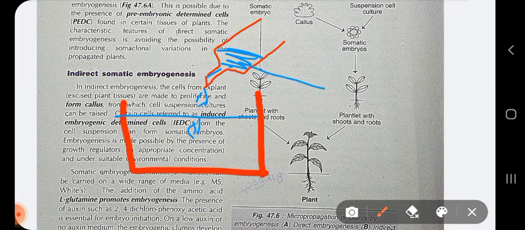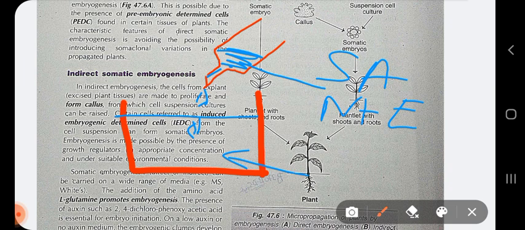Now this pipette consists of sodium alginate and the nutrient solution with the embryo, and this beaker contains calcium chloride solution.